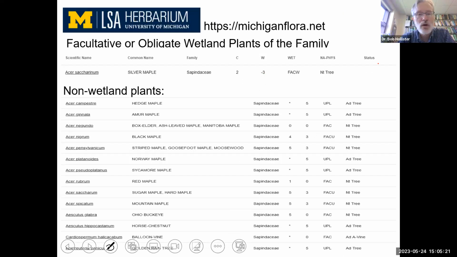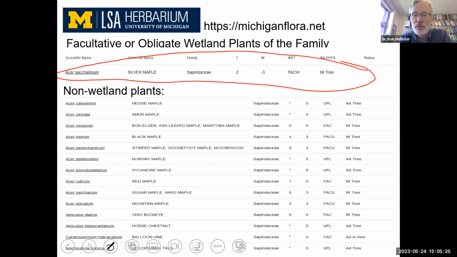There's really only one species here, the silver maple, that's an obligate wetland plant. So reminder, I'm showing you the Michigan flora, and this has got the species, common name, the family, and then how common it is.